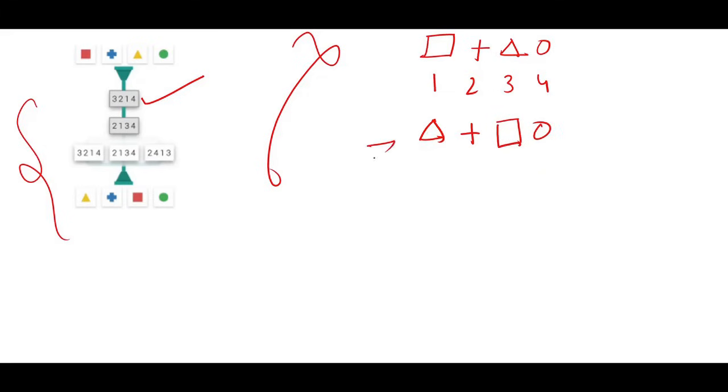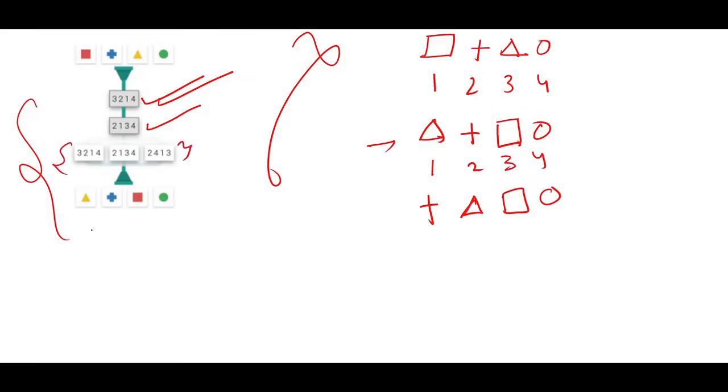So this kind of sequence we will be getting after performing this iteration. Then they are saying 2 1 3 4. Then again we need to rearrange that. So it is 1 2 3 4. Now we need to do 2 1 3 4. So first there will be 2, that means plus, then 1, that means triangle, then 3, which will be square, then 4 is circle.